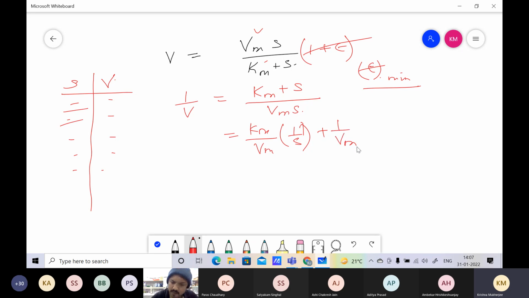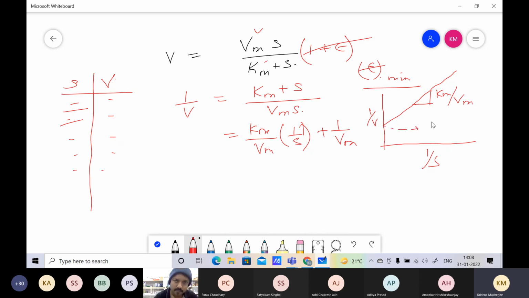And as many of you are familiar, this is the famous Lineweaver-Burk plot, or the double reciprocal plot. A plot of 1 by V versus 1 by S gives the slope-intercept form of the equation, where the slope is Km by Vmax and the intercept is 1 upon Vmax.